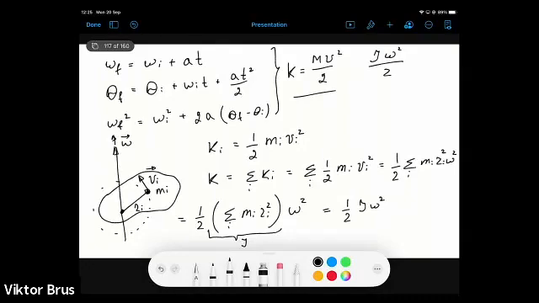Since we introduced this new parameter, moment of inertia, its units will be kilogram times square meter.